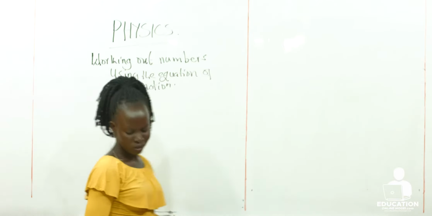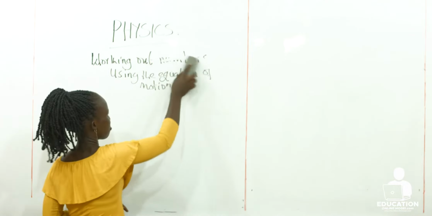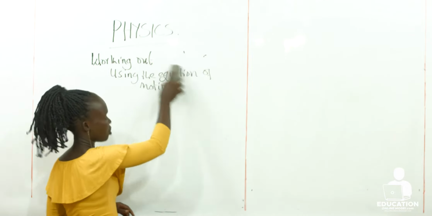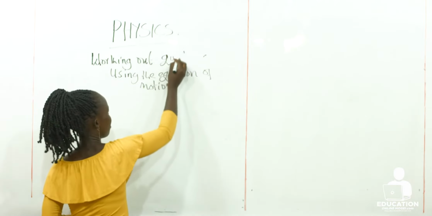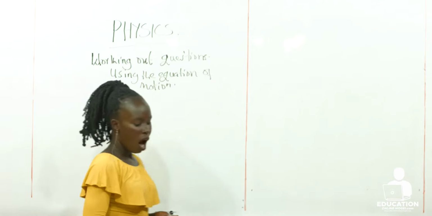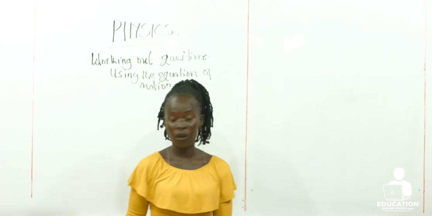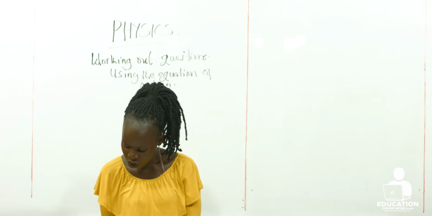So instead of us saying numbers, I think this sounds better when we just say questions. Let's have it as questions. So how are we going to use these equations of motion? Let's take a look at this question here.